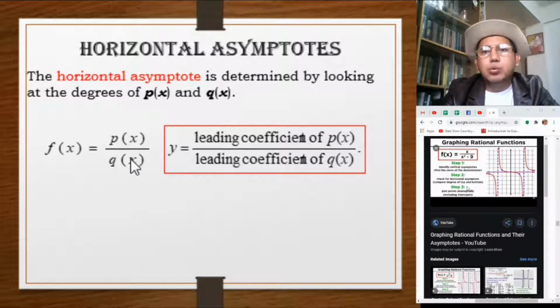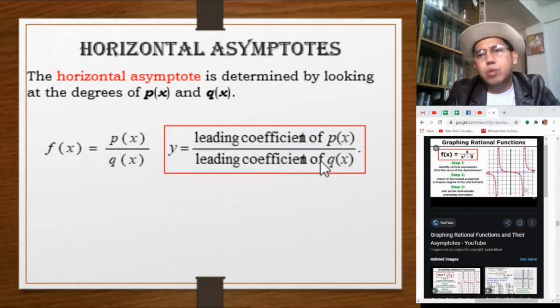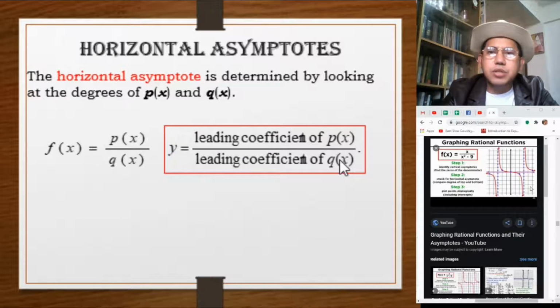We have to understand what is the leading coefficient of p of x and the leading coefficient of q of x. When we are talking of the leading coefficient, it speaks of the numerical coefficient of the first term of the polynomial, be it numerator or denominator.